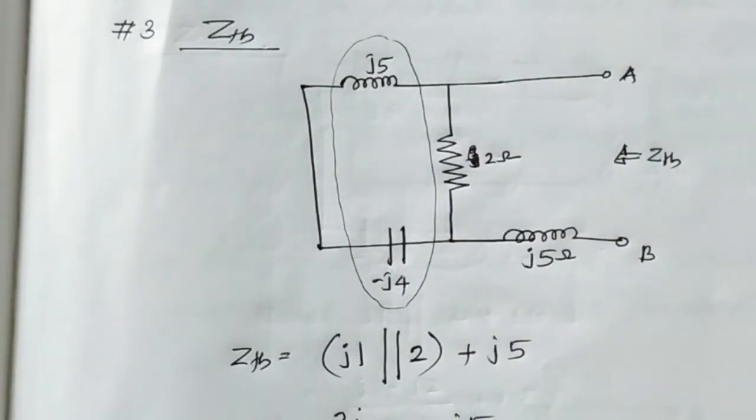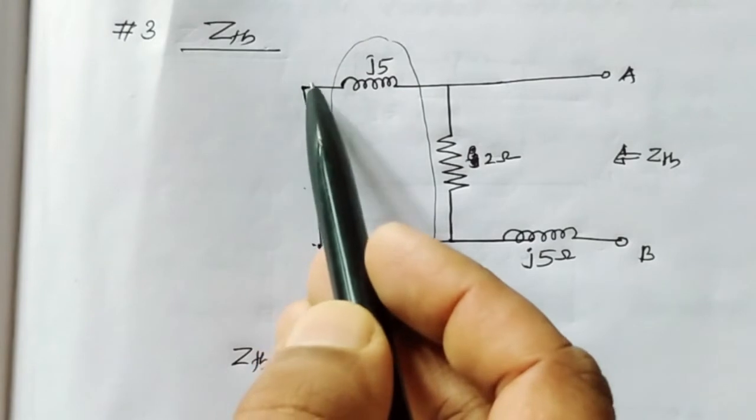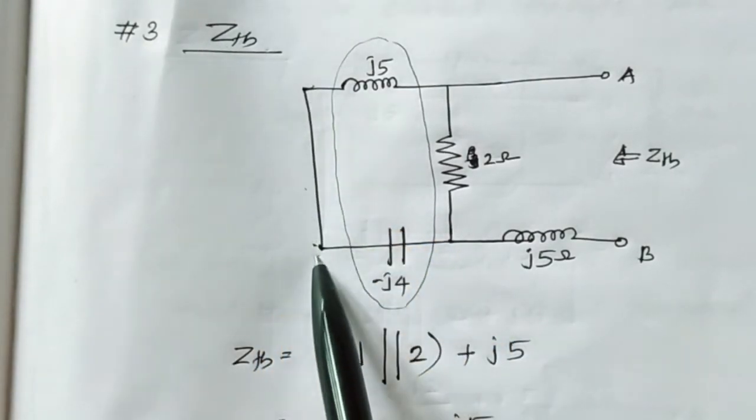Next step is to find Thevenin's equivalent impedance. In order to obtain Thevenin's equivalent impedance, we need to replace all independent voltage sources by short circuits. So in our example, we have two independent sources. Here we short circuited the first voltage source.